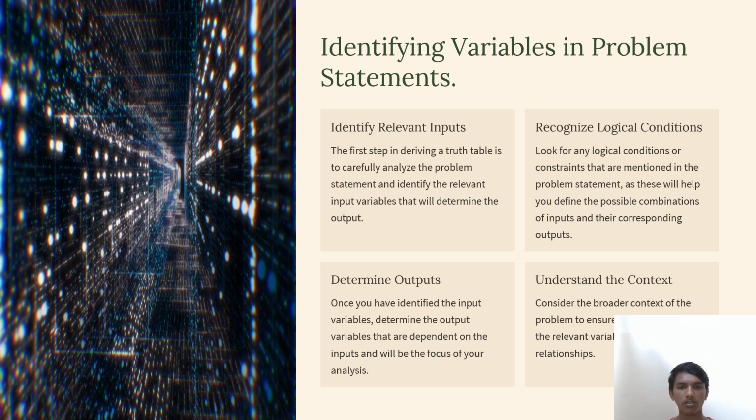Determine outputs. Once you have identified the input variables, determine the output variables that are dependent on the inputs and will be the focus of your analysis. Understand the context. Consider the broader context of the problem to ensure you are capturing all the relevant variables and logical relationships.